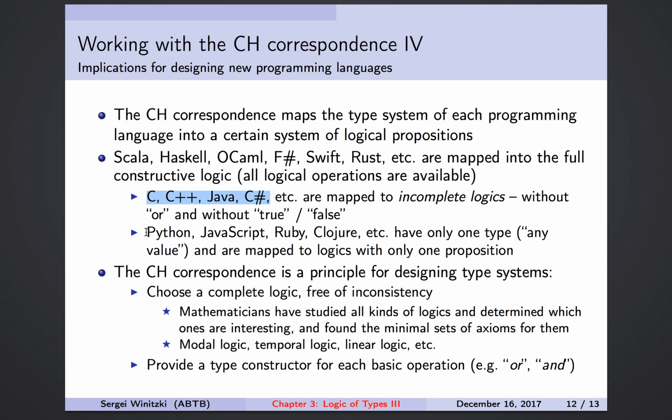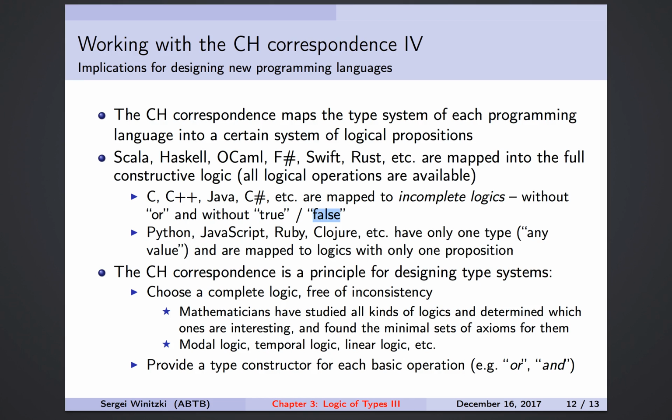Python and other languages in this list essentially have only one type, which represents any kind of value that is possible. And so these languages are mapped into incomplete logics. These are logics without an or operation, without the true or false constants.